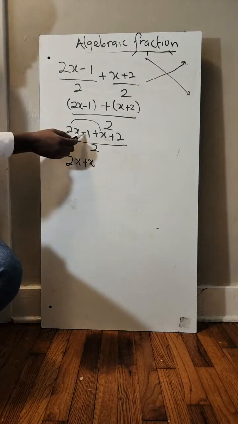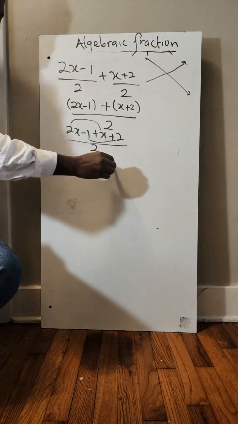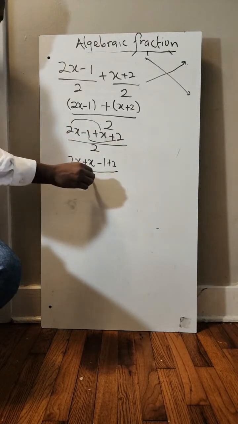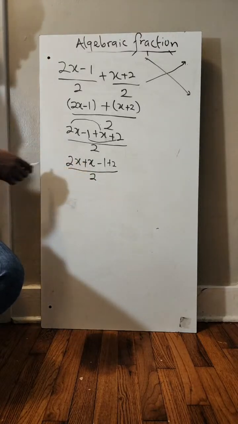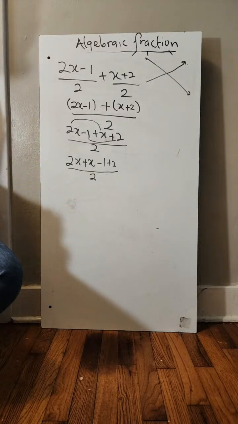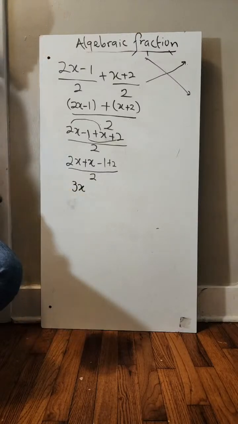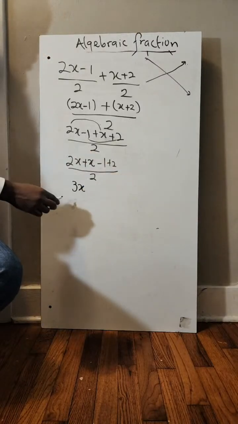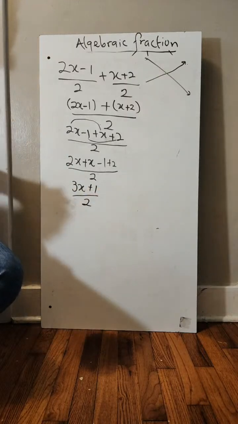And here we have negative 1 and 2, negative 1 plus 2 over 2. Don't forget when we have x, it's like the coefficient of x is 1, so it is like saying 2x plus 1x, and that gives 3x. Minus 1 plus 2 gives plus 1, over 2.